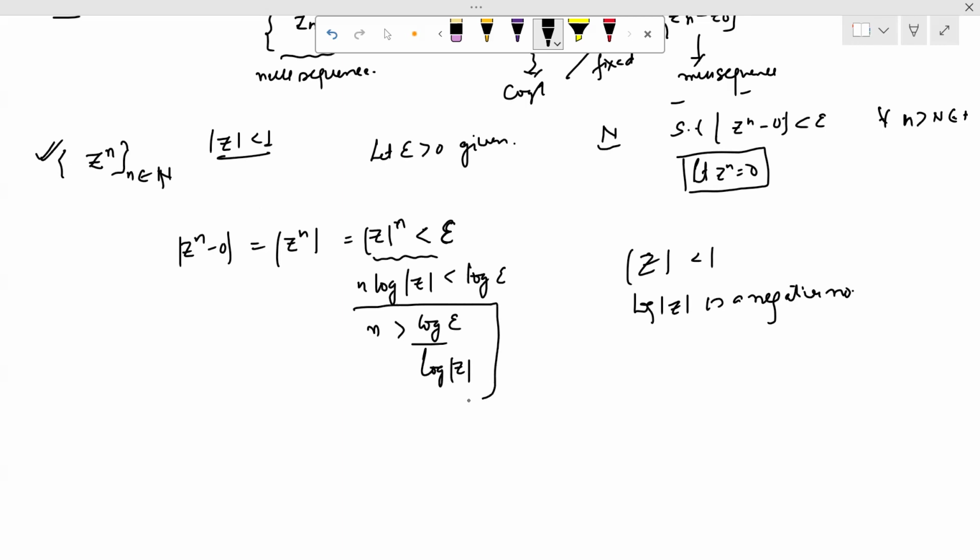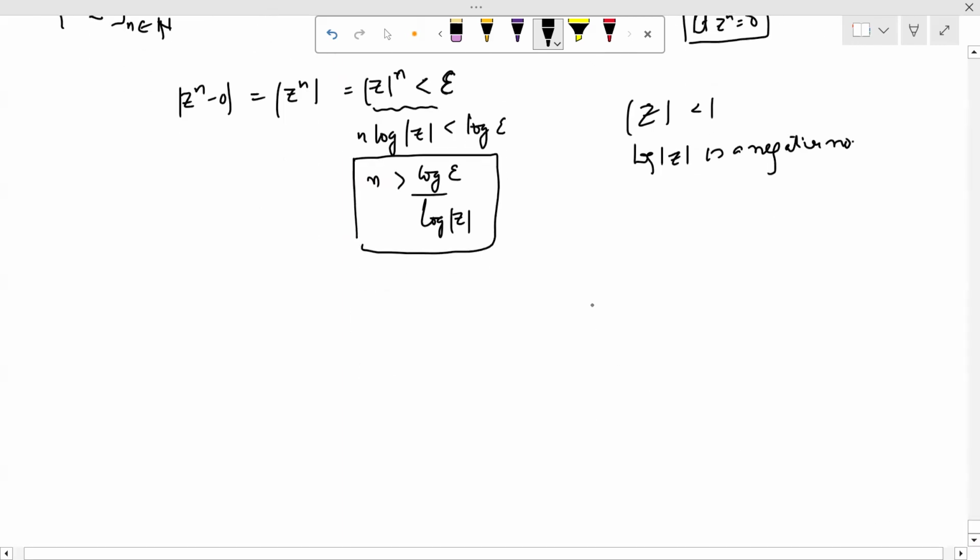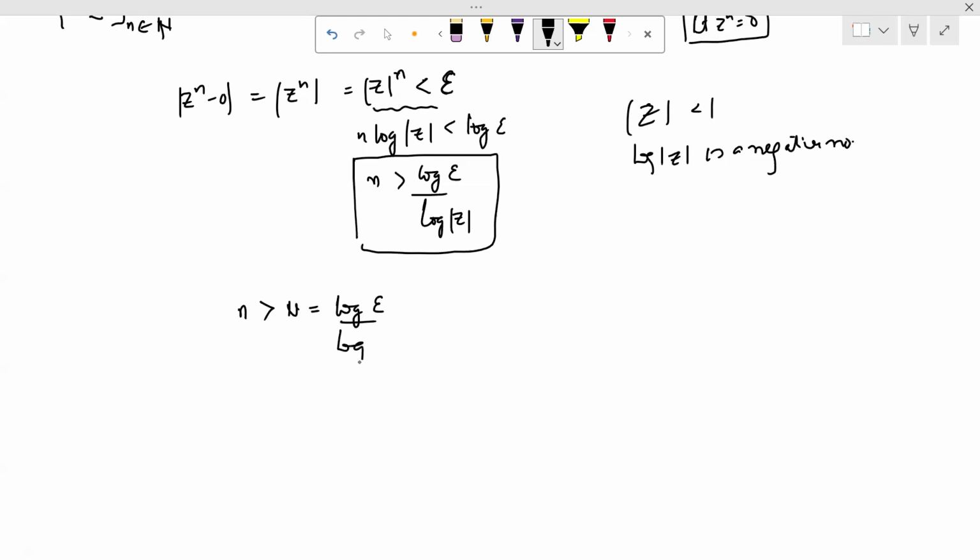Since we want to find an integer, what I'll do is simply take n greater than capital N, where capital N is the greatest integer of this, and just add 1, so that I'm skipping to the next integer. So n is greater than capital N, where N is log epsilon divided by log modulus Z, plus 1.